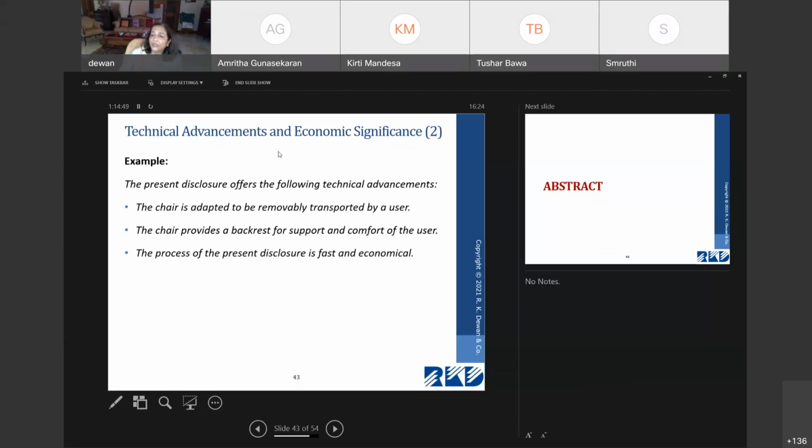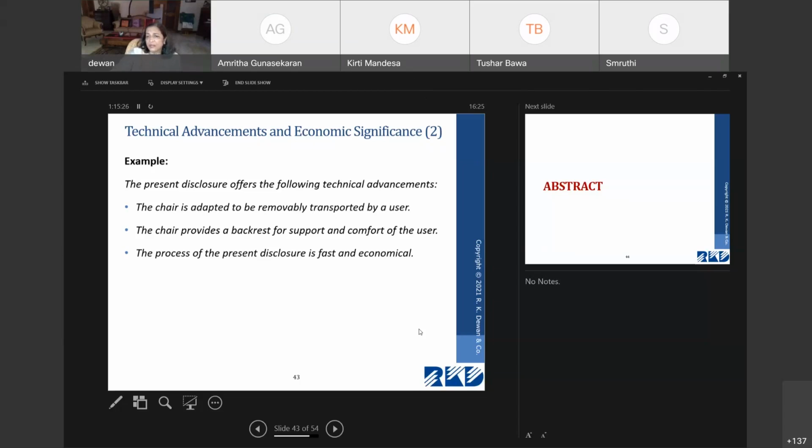Though some part of it would have already come in the objects, it would have also come in while writing the invention. However, it is a... Right.